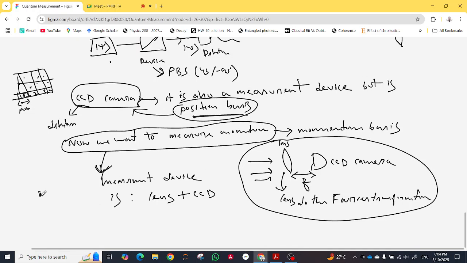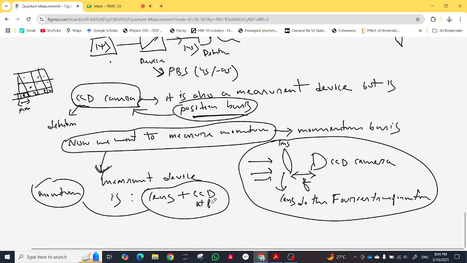But in momentum, your measurement device is lens plus CCD. Sorry, CCD at the focal plane. It is important, okay? The lens does the Fourier transformation at its focal plane, so at f distance, you put the CCD.